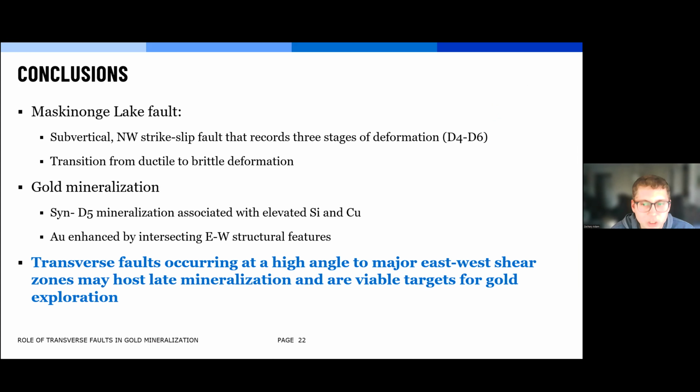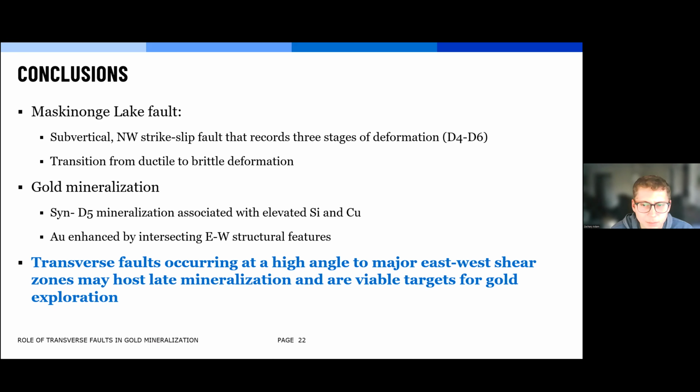D5 is a reactivation of the fault during sinistral brittle ductile shearing, corresponding with silica alteration and the emplacement of V2 quartz veins. D6 is brittle faulting that resulted in the brecciation of D5 veins, as well as the resultant sinistral offset that we see on a larger regional scale.